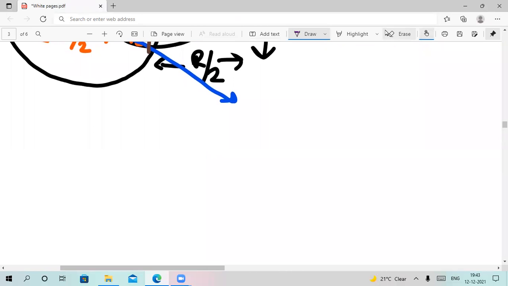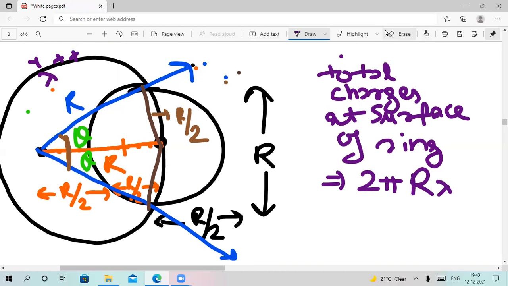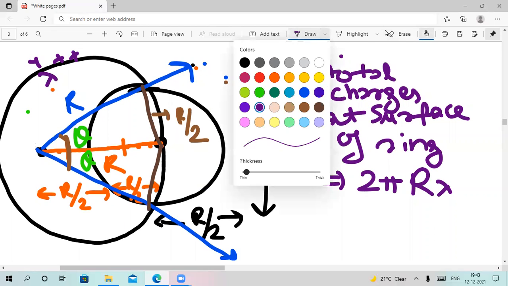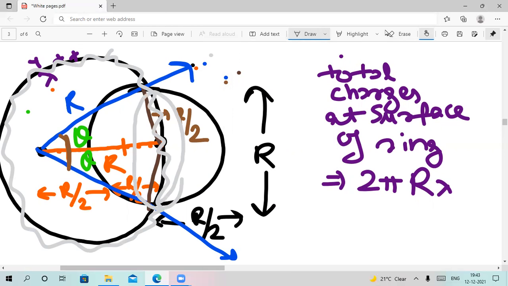Now this 2 pi r lambda is being distributed uniformly. Okay, this needs to be taken into consideration. This has been distributed uniformly over the whole length, but we are only interested in finding the amount of charge in this region, in the 2 theta angle within 2 pi angle.